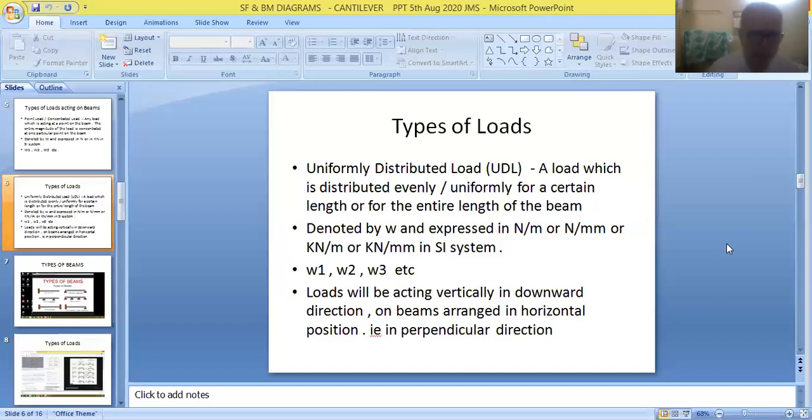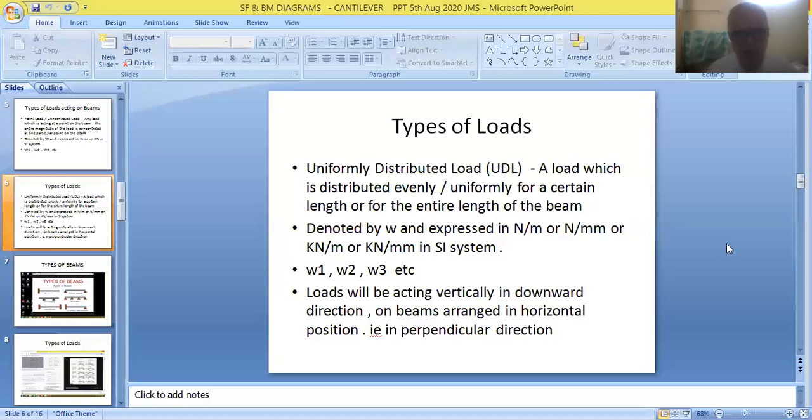Now, friends, in some problems we may come across several UDLs. In that case, small w1 can be used for indicating the first UDL, small w2 for the second UDL, and so forth. Different notations can be given to different UDLs acting on the beam.